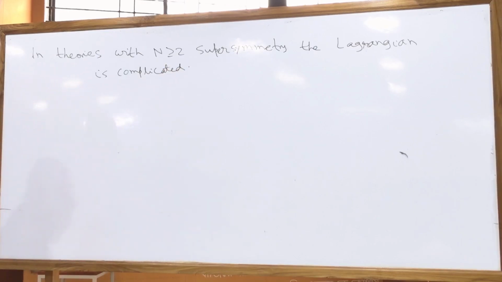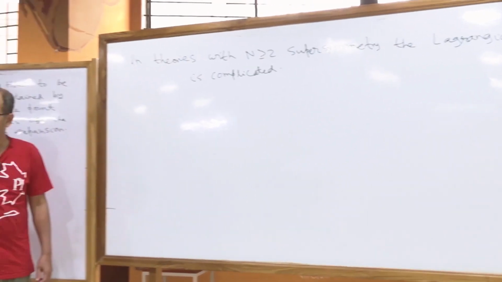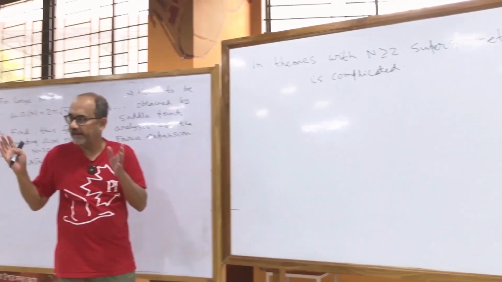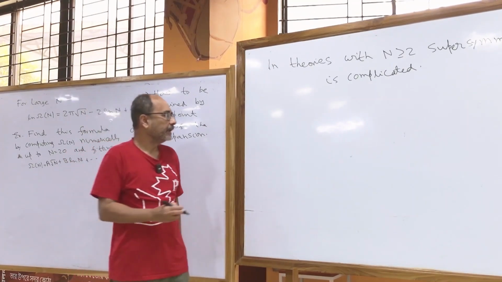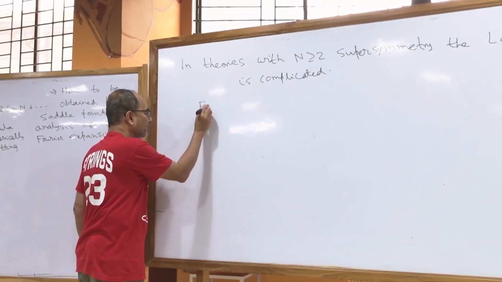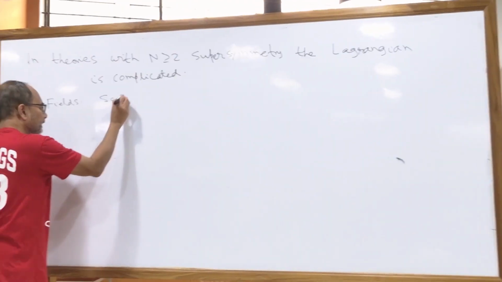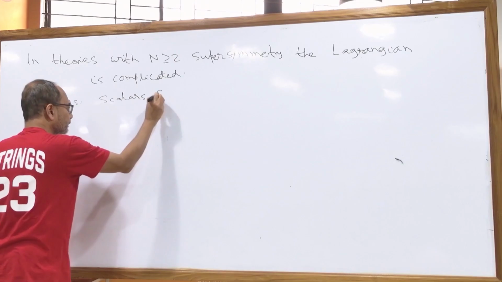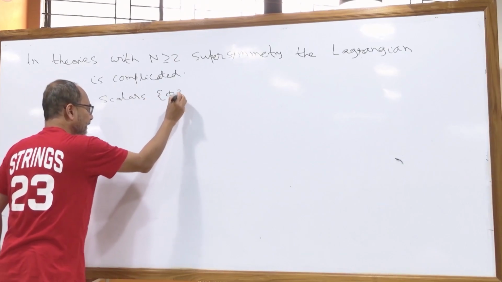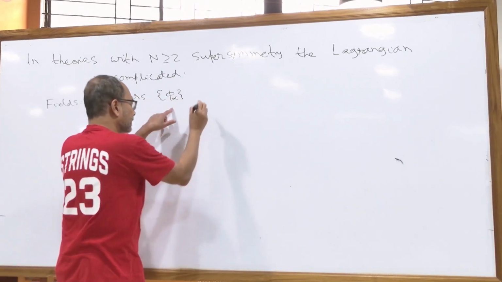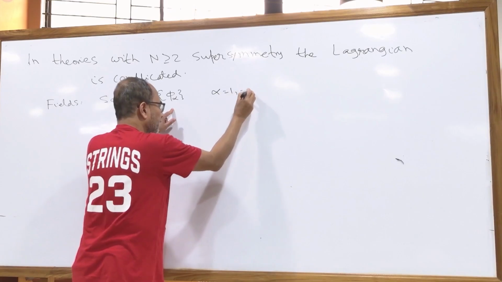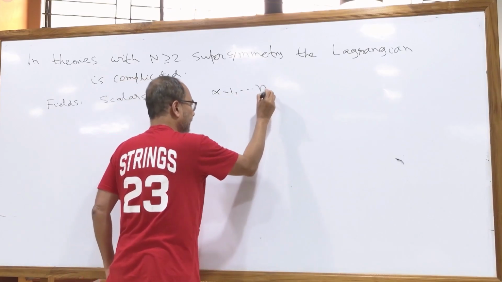First of all, you have not just metric and vector fields. There are several vector fields and several scalars. So the field content involves scalars, which are denoted by phi alpha, where alpha runs from 1 to the number of scalars.